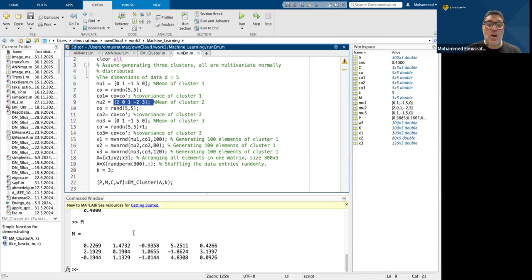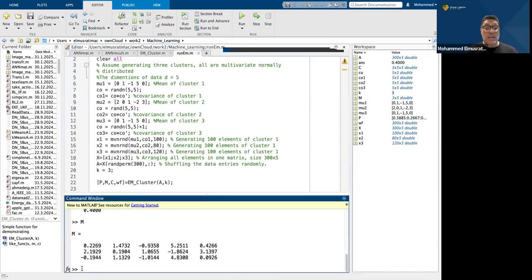Maybe you can ask why here it is, for example, 2.19 and it should be 2. Because remember that the number of data is finite, 80 and 120 and 100. So it uses maximum likelihood to find this mean and covariance, which with finite data, we expect that we will always have some error. Of course, if the data is more, then we will have less error.